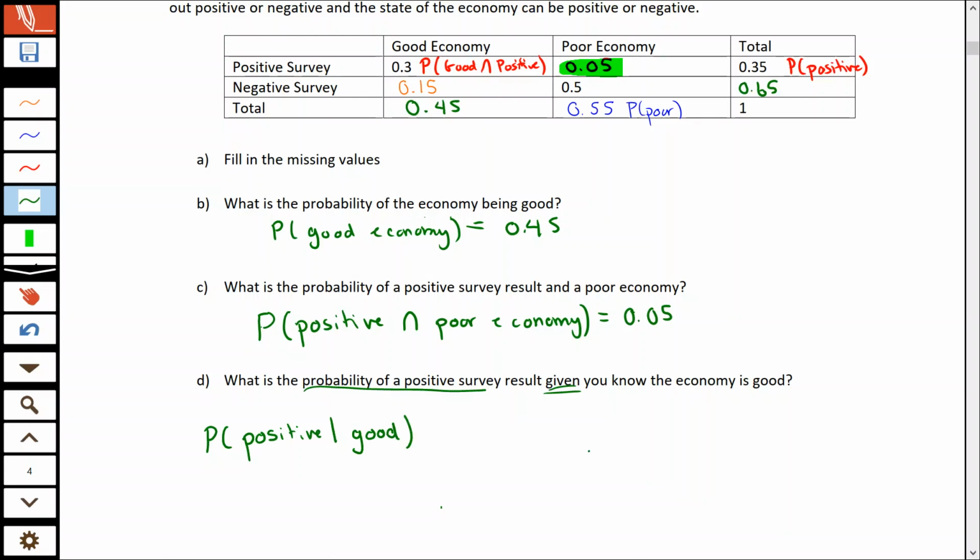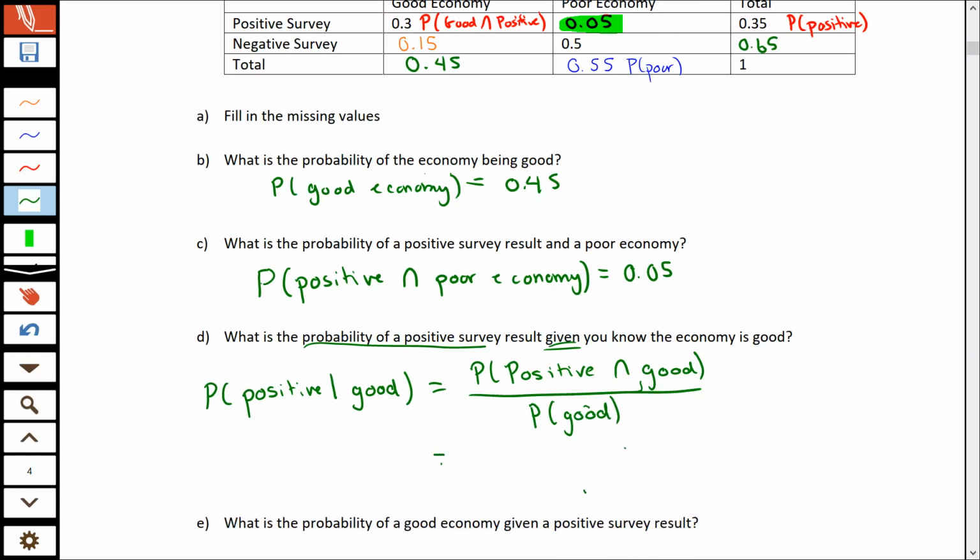We know that our formula for this is the joint probability, the probability of it being positive and good, over, and we always divide by the probability that we are now conditioning on. So here, the probability of positive and good is going to be 0.3. And the probability of a good economy, as we found in part B and in part A as well, is 0.45. And so this gives us a probability of 2/3 there.